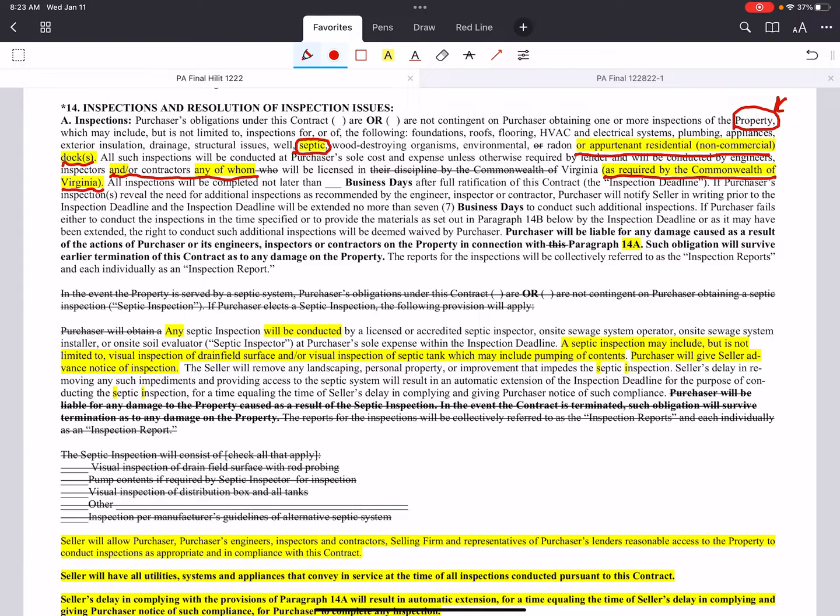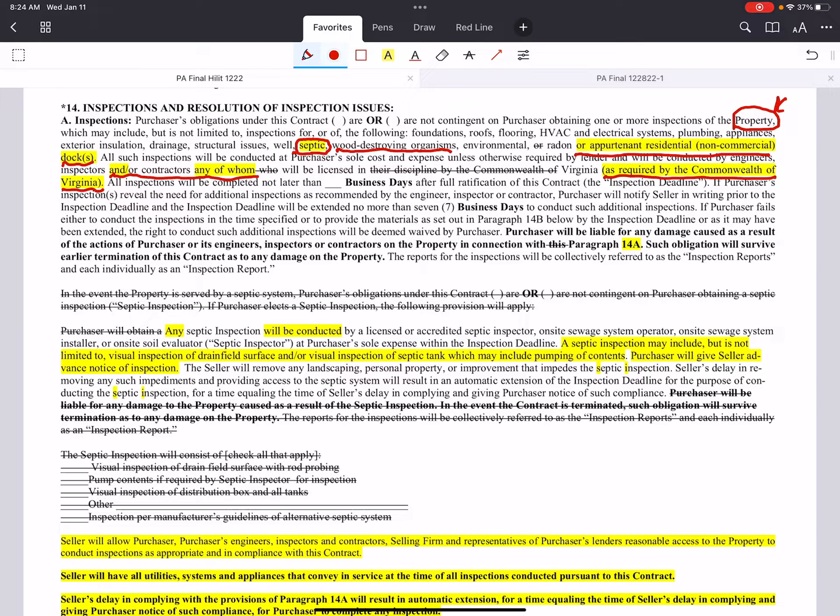In other words, licensure is required to apply chemicals and to treat, but no license is required to do the actual termite inspection. So when we have language in here that includes a suggestion of wood destroying organisms, we felt it important to point out that if the Commonwealth of Virginia requires a license, then you've got to be licensed to do an inspection. But if they don't require a license, you get the picture.